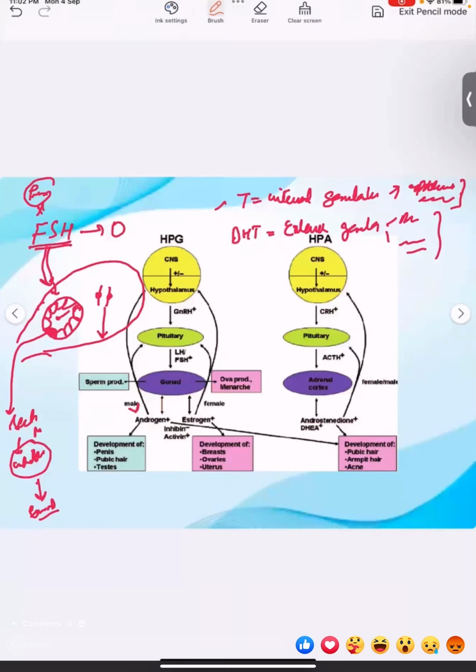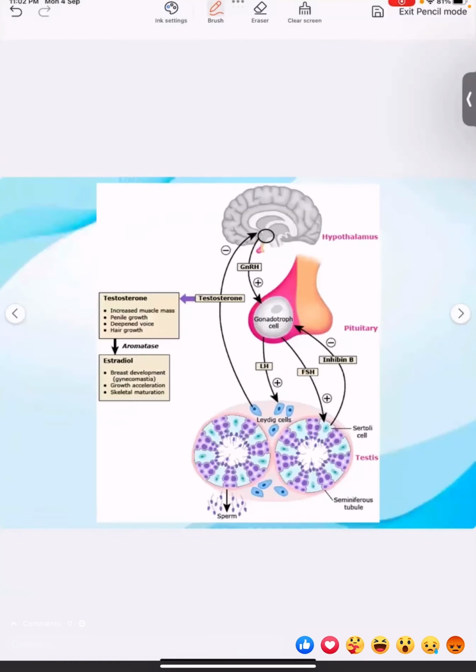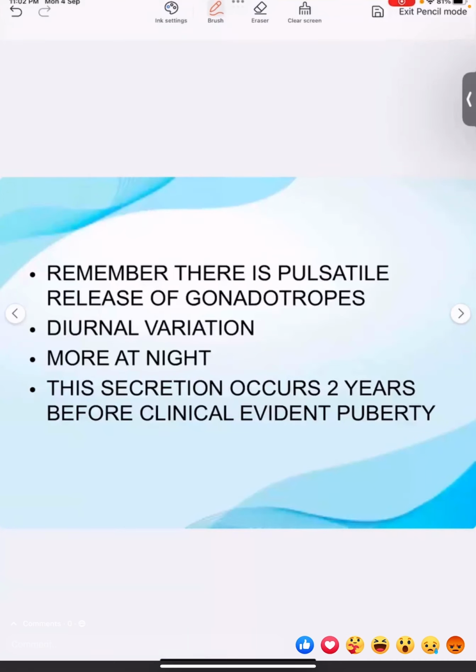Sana, it's clear up till now? Okay, so see here, this is the line which is telling, remember there is pulsatile release of the gonadotropins.